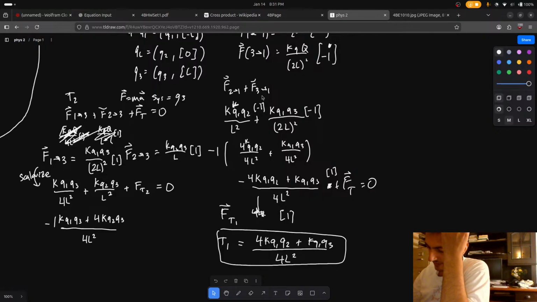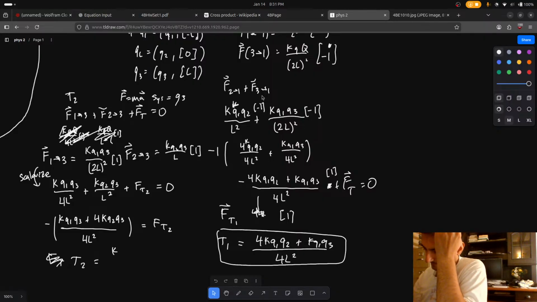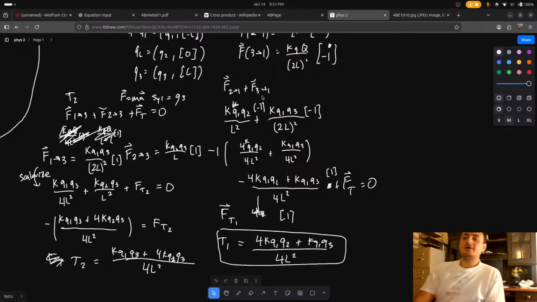This is a minus, is equal to ft2. So the tension T2 is equal to just something like that.